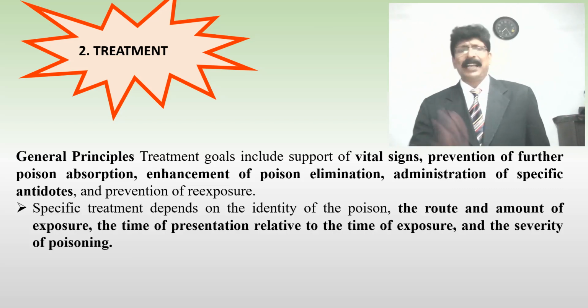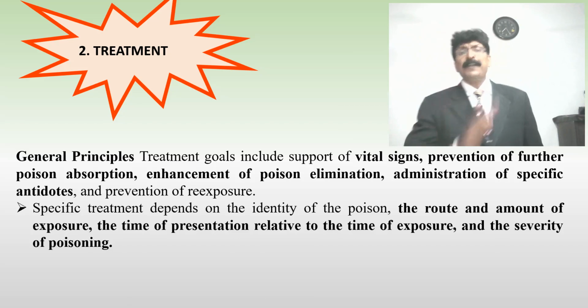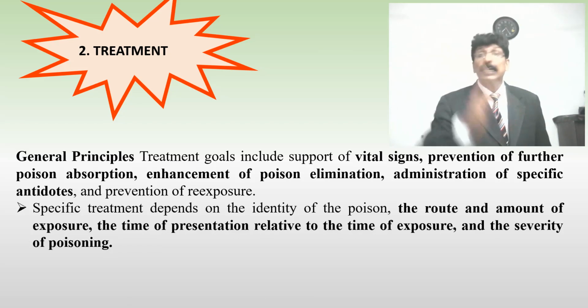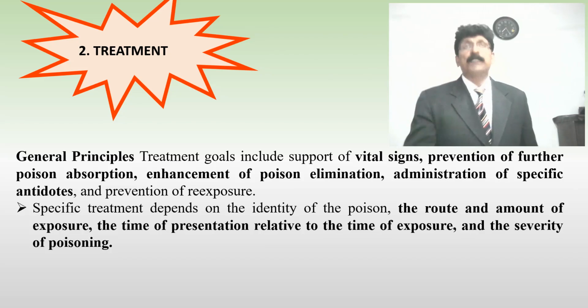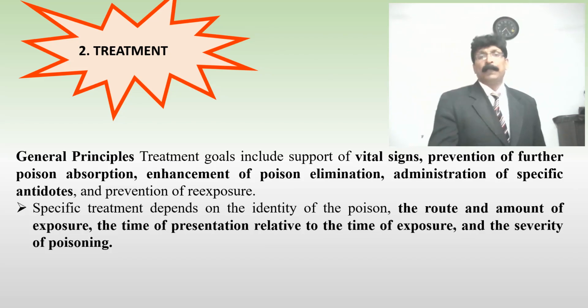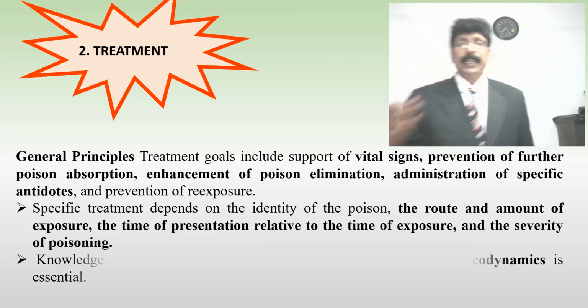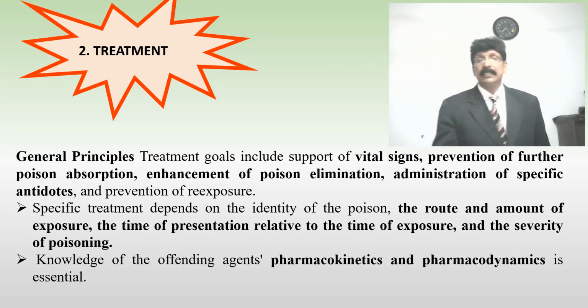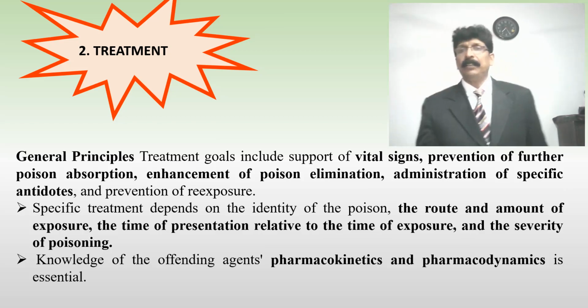This is the category which is needed. Specific treatment depends on the identity of the poison by diagnosis, the route, the amount of exposure, the time of presentation relative to the time of exposure, and the severity of the poisoning. Knowledge of the offending agent and its pharmacokinetics and pharmacodynamics is essential.